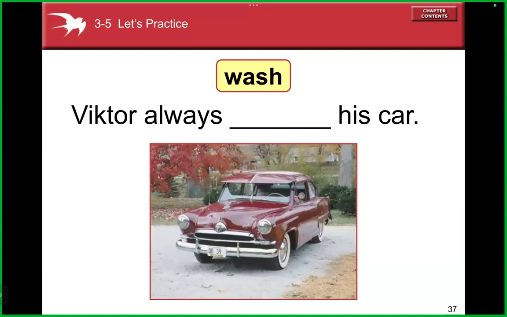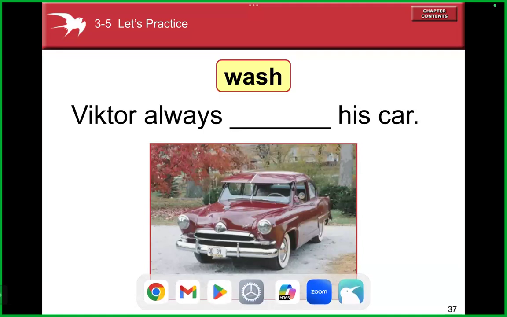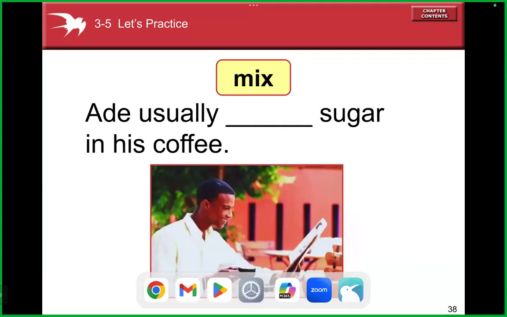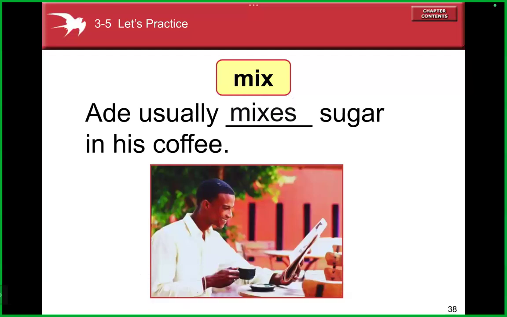Okay, Melissa, please help me out with this one. Victor always washes his car. Thank you. Good. Okay, and Narcisa Cantos, are you there?